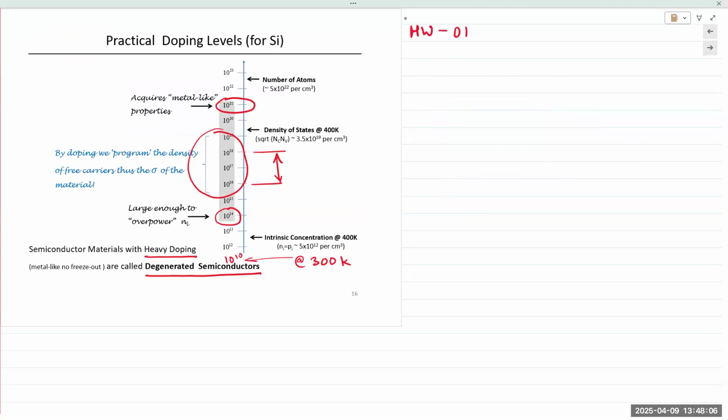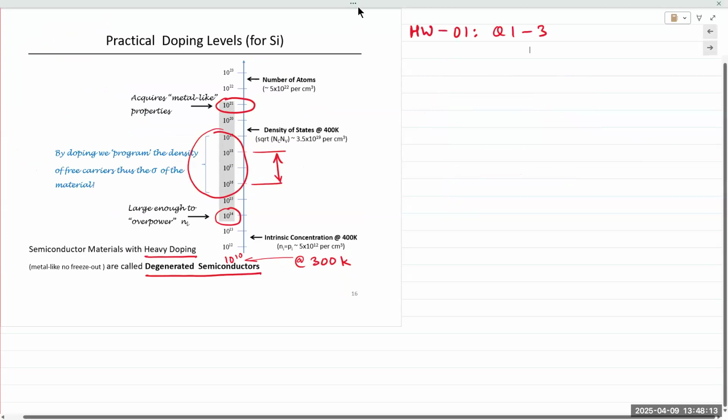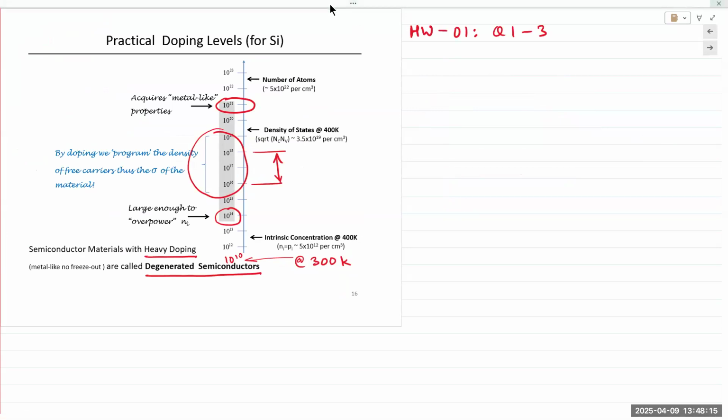So this is homework 1, and these were questions 1, 2, 3. There is an equation that describes this charge neutrality, known as the charge neutrality equation. That problem right at the top gave you the equation, and I'm going to write it down first.